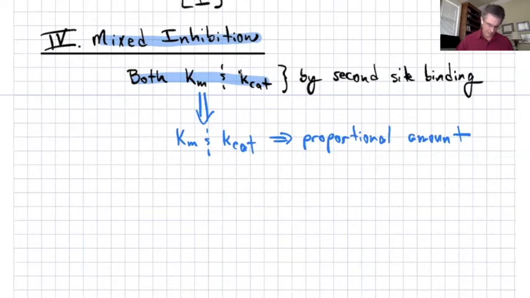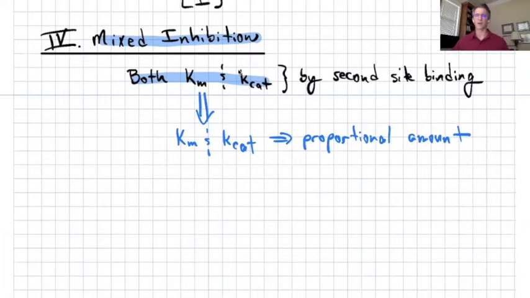So the simplest way in which that happens, and you notice I'm not going to try and derive any of the steady state expressions, or give the initial rate expressions for mixed inhibition, because there are lots of ways in which this can happen. The expressions can be a little more complex, and so I'm just going to leave it as that qualitative description of how mixed inhibition would result in changes to both Kcat and Km.